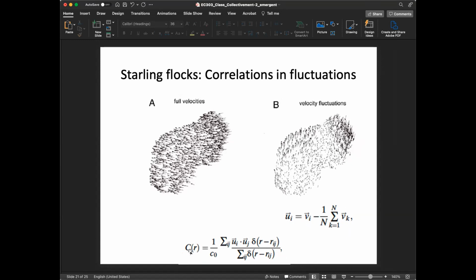Now think about the following issue. Imagine I take a flock size of 50. Let's say that C(r) has declined at some distance, which is 5 meters. If I take a flock size of 100, what do you think? How far do you think the decay will persist? How far do you think the correlations will continue?